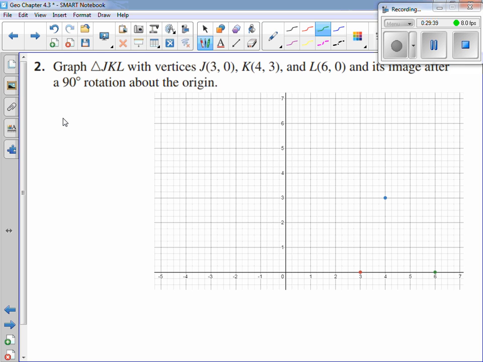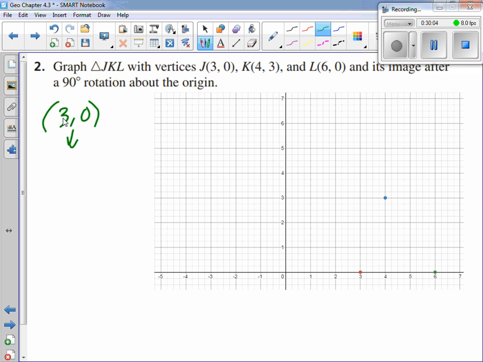Let's do this one here. And we actually have 2 more after this. So this here, we're rotating 90 degrees about the origin. So we're rotating counterclockwise.